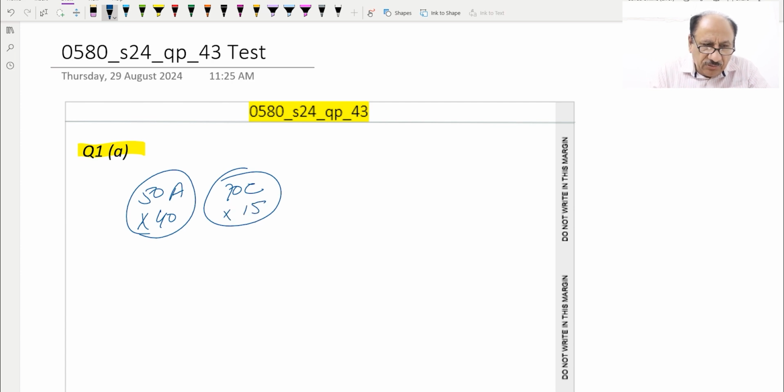Part I says calculate the total of the membership fees received by the club in 2023. So we need to calculate the total amount. How will we calculate? This will be 50 into 40, plus 70 into 15, and this will be the total amount.